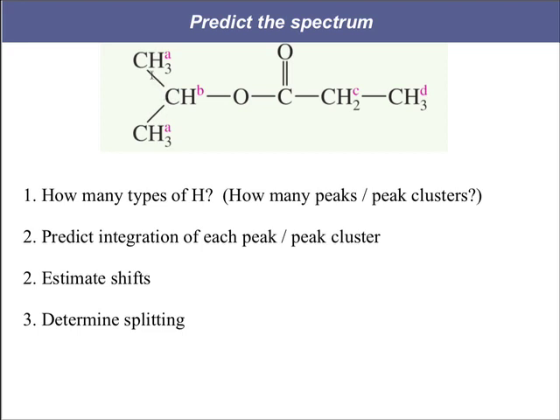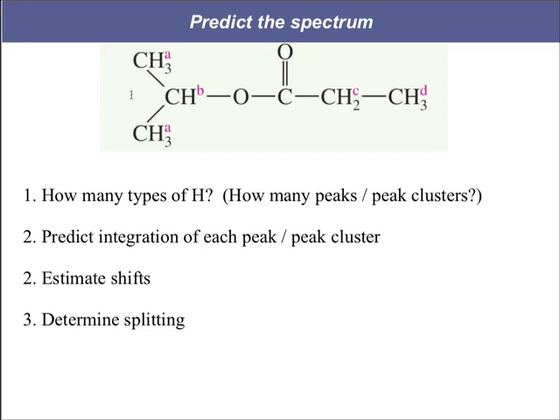And then we've got methyls that are on a carbon that are next to an O. So again, these are methyls, so they're going to start at about 0.9, but they're going to get pulled downfield by the oxygen. Now, we said that these are going to get pulled down from 0.9 as well.